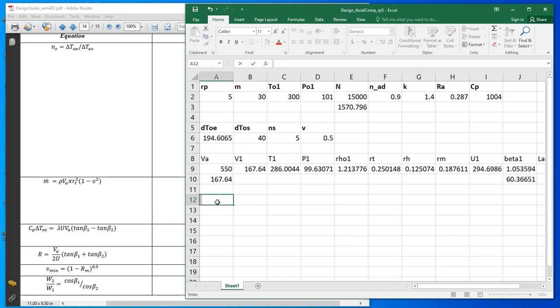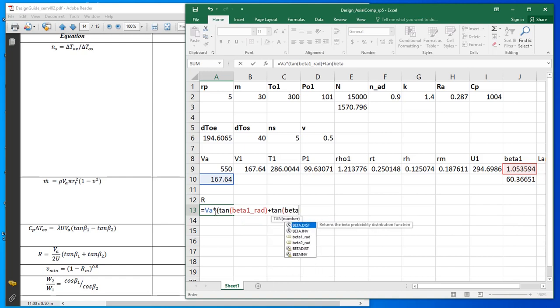Or actually, in order to do check 1, we need the value for R. So R is equal to VA into tan of beta 1 radians plus tan of beta 2 in radians, divided by 2 times u1 in meter per second.